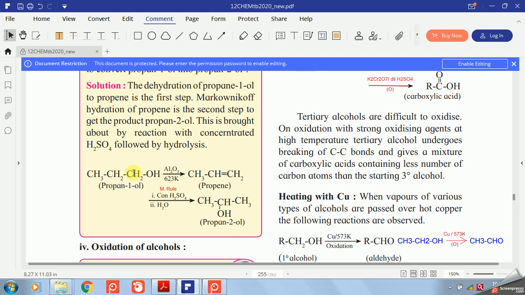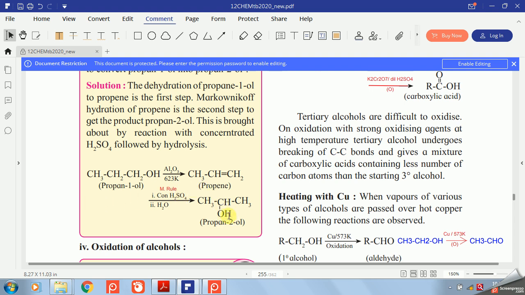So OH from this carbon and hydrogen from the beta carbon, number 2, are removed, so we get propene as a product. But if you have to prepare propan-2-ol, then this propene reacts with concentrated H2SO4.